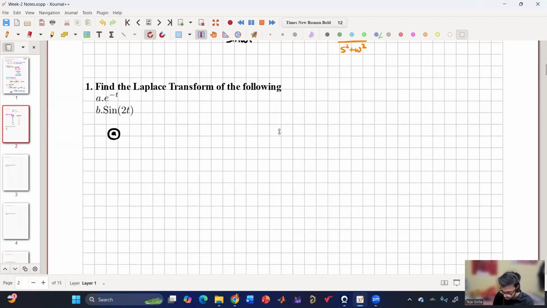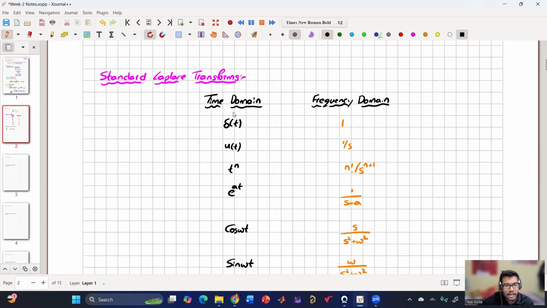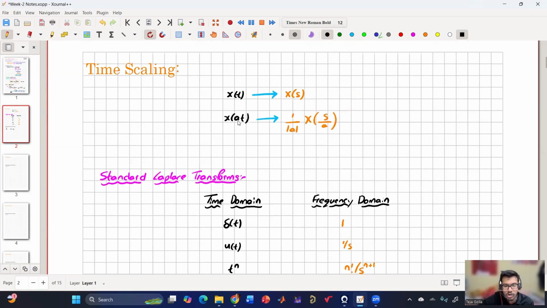Now coming to e to the power minus t. We know that for e to the power t, the Laplace transform is 1 by s minus 1. Now we are multiplying t by a constant a, which is minus 1.